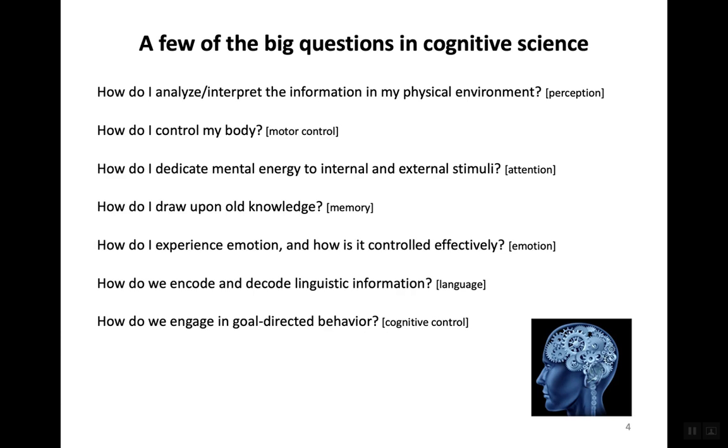However, what you might notice at this point is the fact that I haven't spoken at all about cognitive neuroscience per se, but rather, if you look at the big title on this slide, what I'm mentioning is big questions in cognitive science. And cognitive science is an umbrella term for the interdisciplinary study of cognition, which encompasses, but is not limited to cognitive neuroscience.